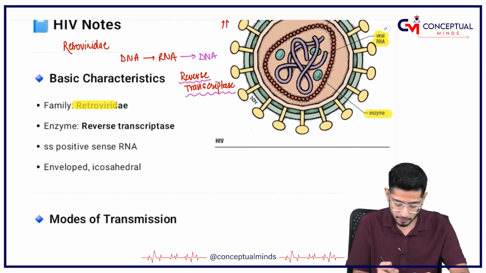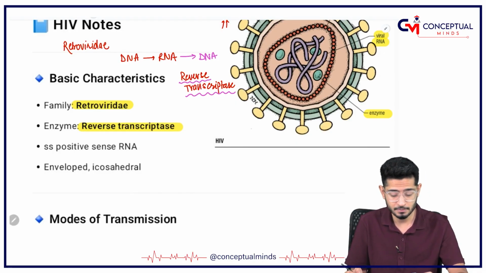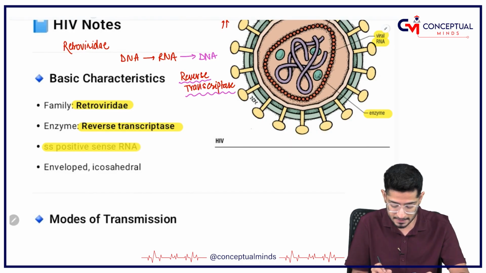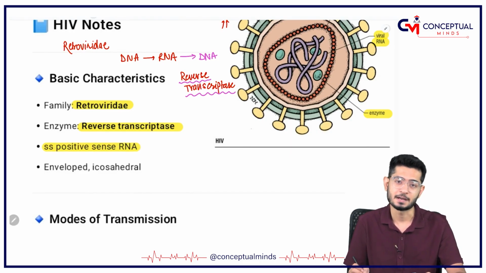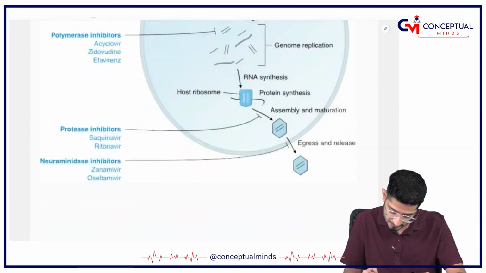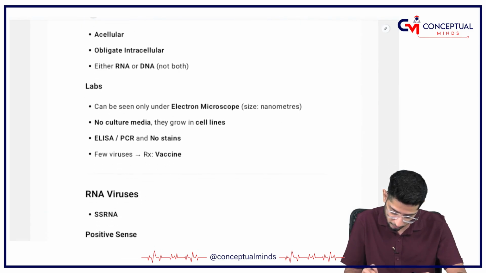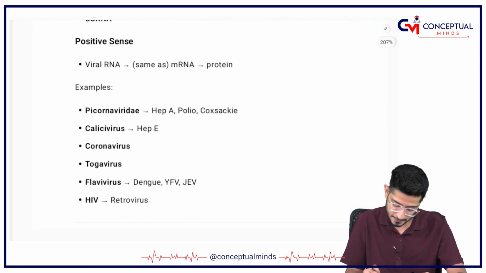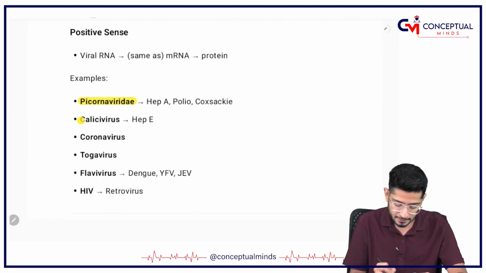The family, as I have already discussed, is Retroviridae, because they have an enzyme called reverse transcriptase. These are single stranded positive sense RNA. If I show you the different examples from your introductory class: Picornaviridae, Caliciviridae, Coronaviridae, Flaviviridae, and HIV that belongs to Retroviridae.